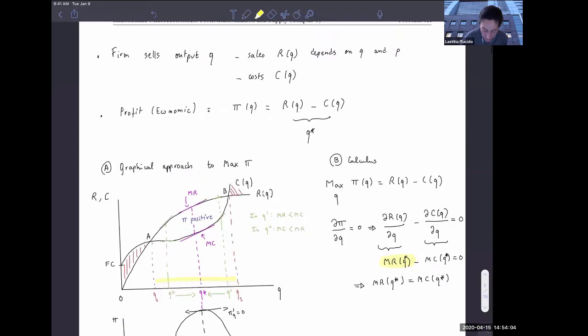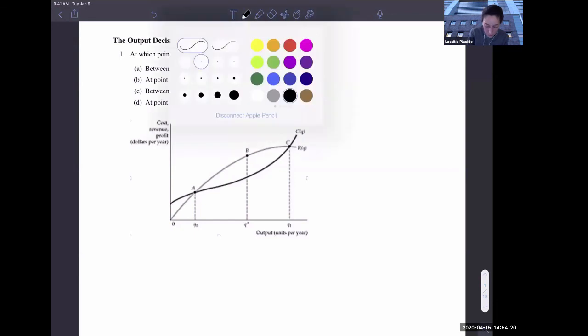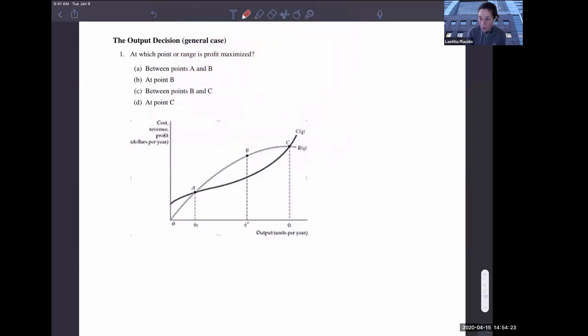All right, so let's go back to this first question. So we have a graph. At which point or range is profit maximized? Now you know everything about profit maximization. So you know that you're looking for the point where the slope of the total revenue function is equal to the slope of the total cost function.